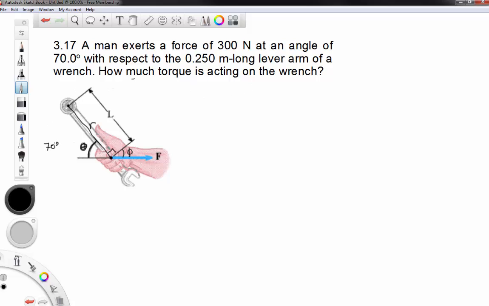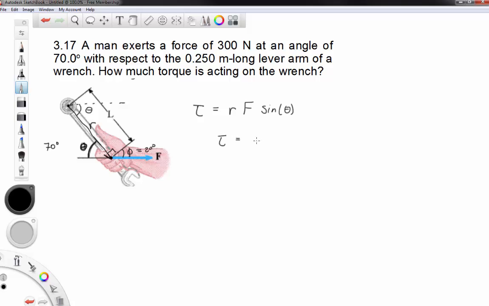So if we're applying a 70-degree angle here, this would be 20 degrees. In any case, we had that the torque was the distance, which is r, or sometimes L, times the force times the sine of the angle between this and this. So you could think of this force vector as being paralleled up here, and this angle right here is also theta, for what that's worth.